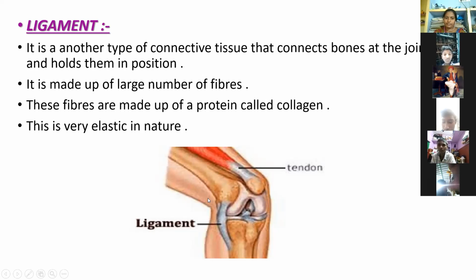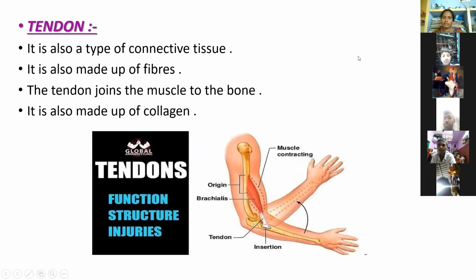Next one is the tendon. The tendon is also a type of connective tissue. It is also made up of fibers. The tendon joins muscle to the bone. This is the tendon.